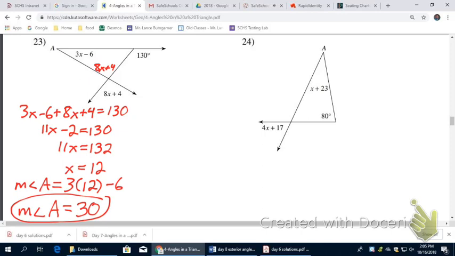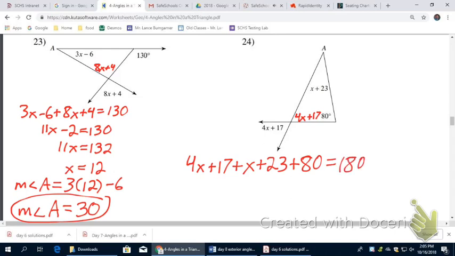Alright, last thing I'm going to talk about in this video is number 24, the setup. I'd use vertical angles again, so 4x plus 17 can be written in here. And now these are interior angles. This is not involving exterior angles. So remember, with interior angles, you add them to 180 degrees. So the 4x plus 17, which is now an interior angle, plus the x plus 23, plus the 80 degrees, has to equal 180 degrees.